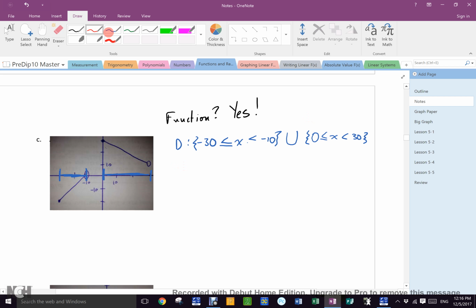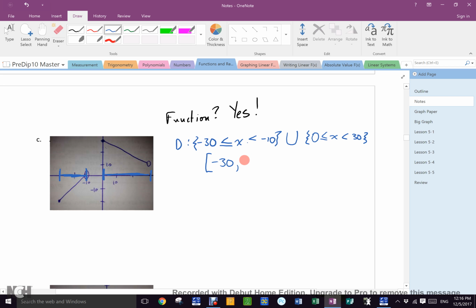What is this, do you think, in interval notation? Negative 30, with what kind of bracket? Square. Only 2 lines.